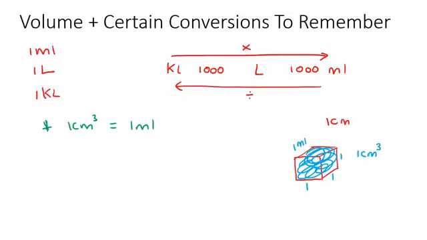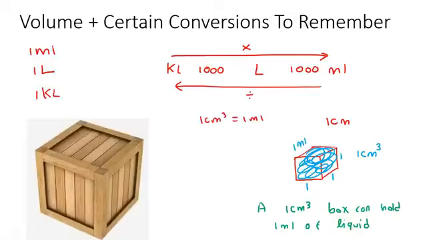We can just think of it as liquid. So a 1 centimeter cube box can hold 1 milliliter of liquid. Okay, so remember that one. I just wrote it over here so that I can show you this next thing.